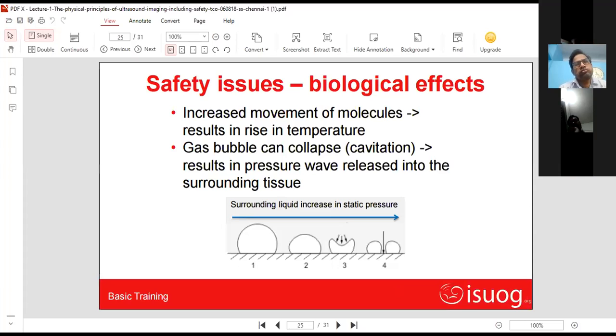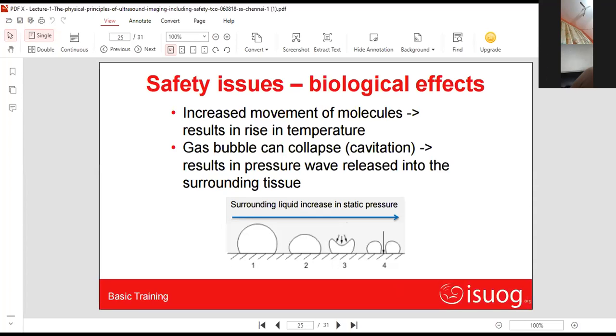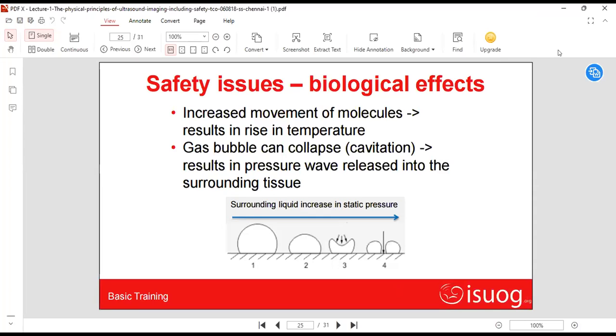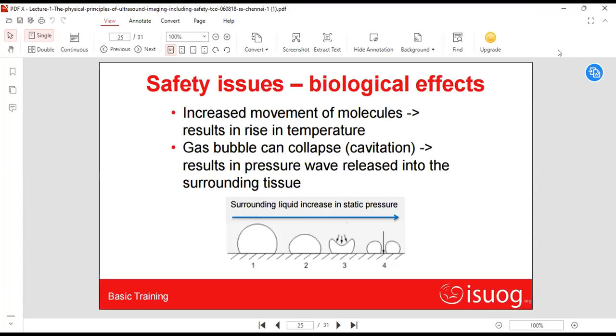So that is why we have to understand the temperature and cavitational effects, especially temperature in the case of the fetal heart in early stages. We never use power Doppler or even color Doppler. Nowadays we advocate beyond 11 weeks, but earlier our guidelines said to use it very cautiously. Why these issues?